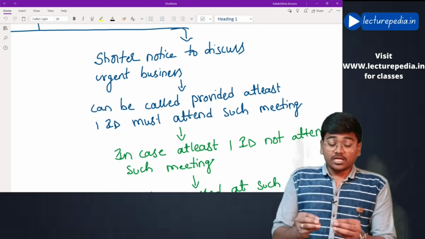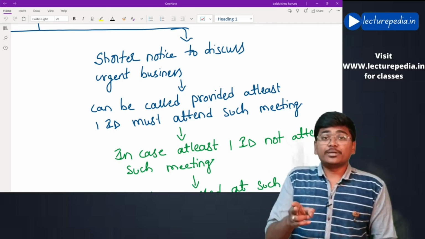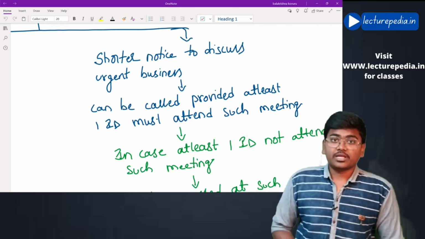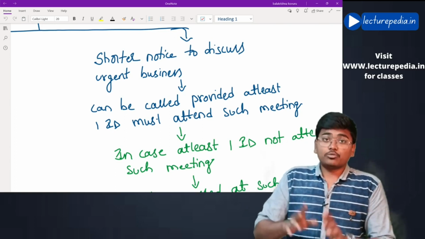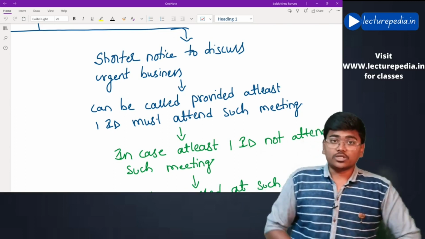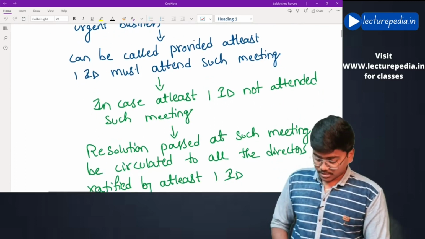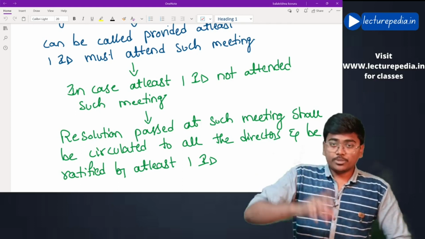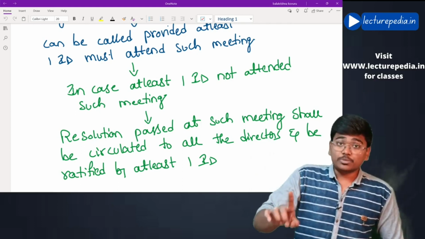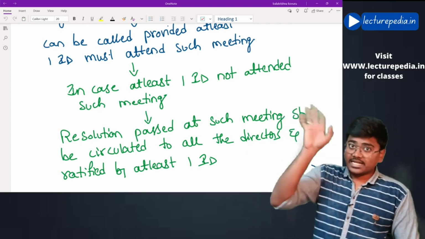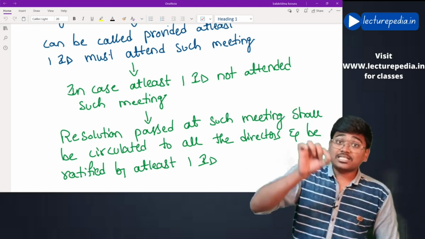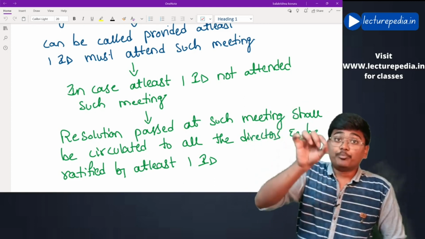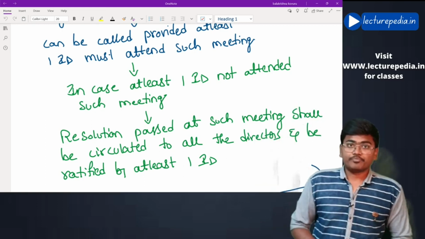Okay, what if at least one independent director has not attended and the company has conducted board meeting on issue of shorter notice? In that case, you can conduct the board meeting. In the board meeting some resolution would have been passed now. That resolution has to be circulated to all the directors, and such circulated resolution must be approved by at least one independent director. Hope that is clear.